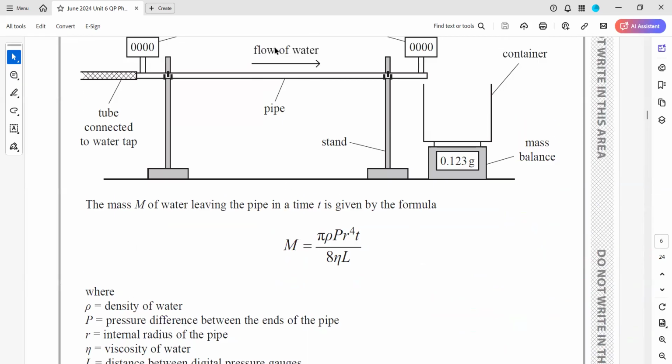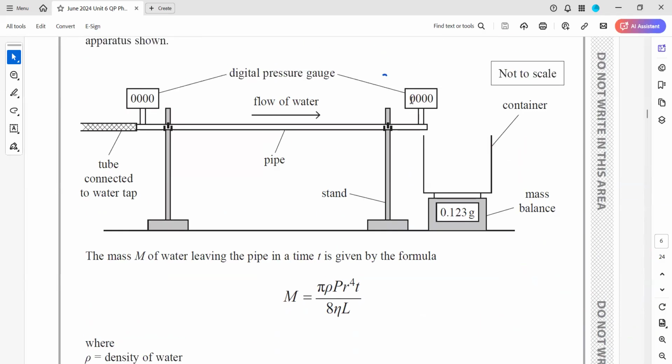Instead of changing the distance between the two pressure gauges, you can measure the mass and plot a graph between the mass which you collected and the time. Like in every 30 seconds, how much mass is collected. That is M. If you plot a graph between M and T, that will also give the same result. Y equals mx.